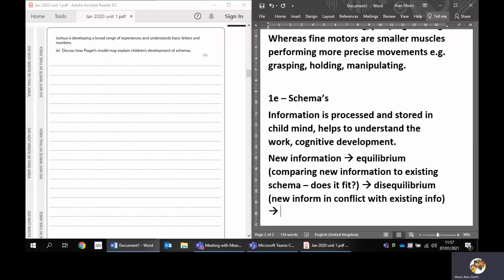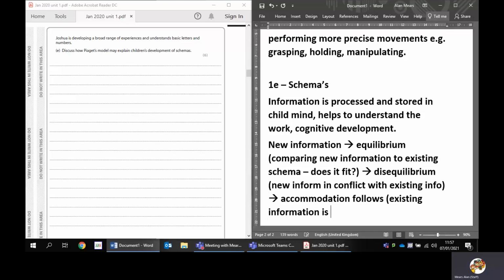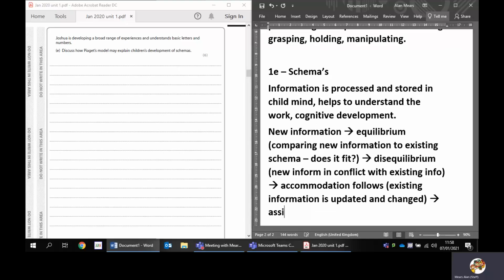What will then happen is we have accommodation that follows. So the existing information is updated and changed. So the child learns that new information is part of their mindset now. This will then lead to, or follows into, assimilation.